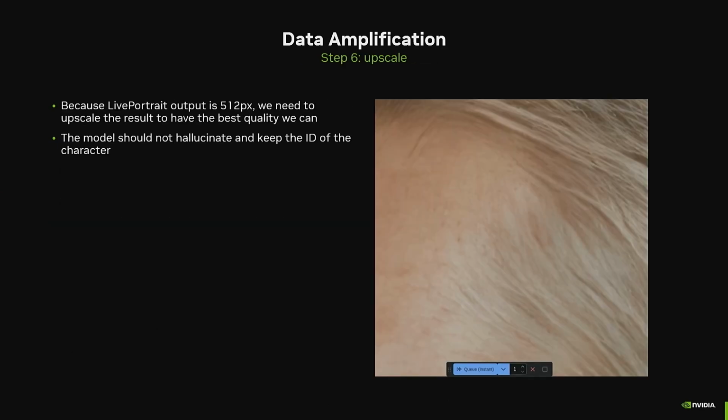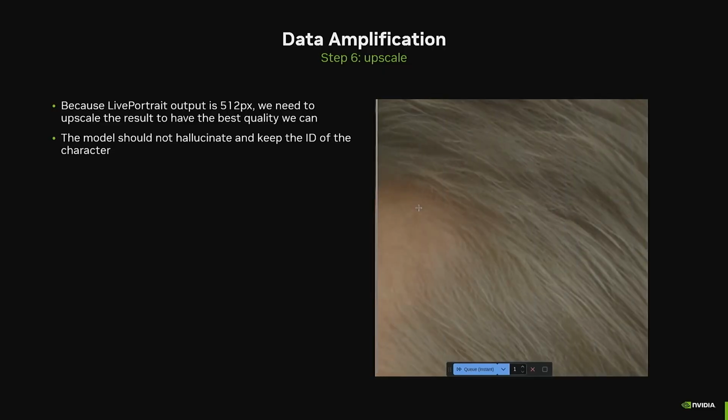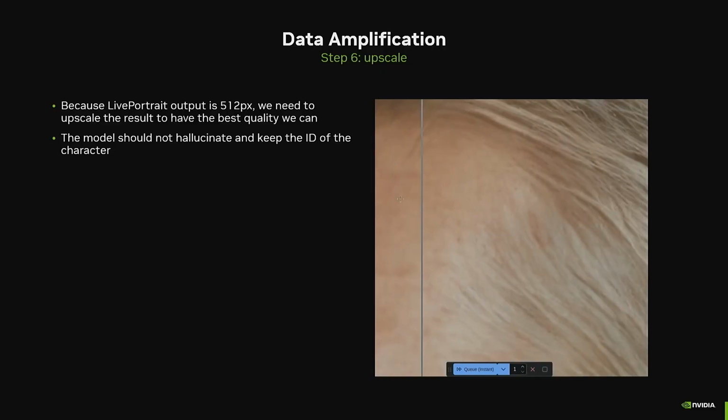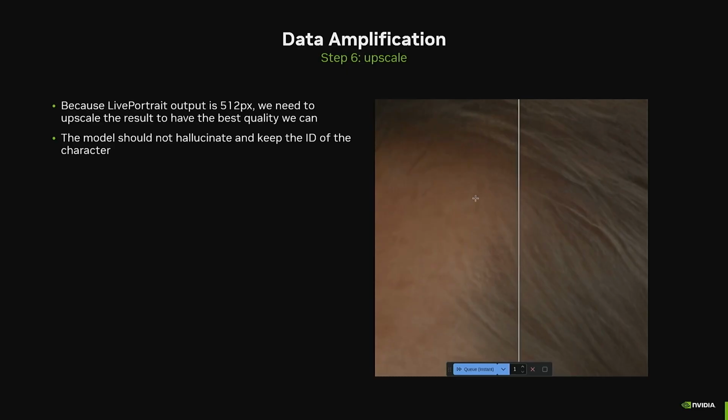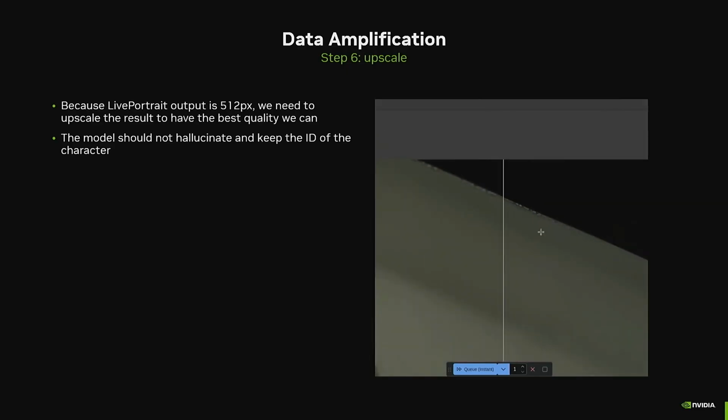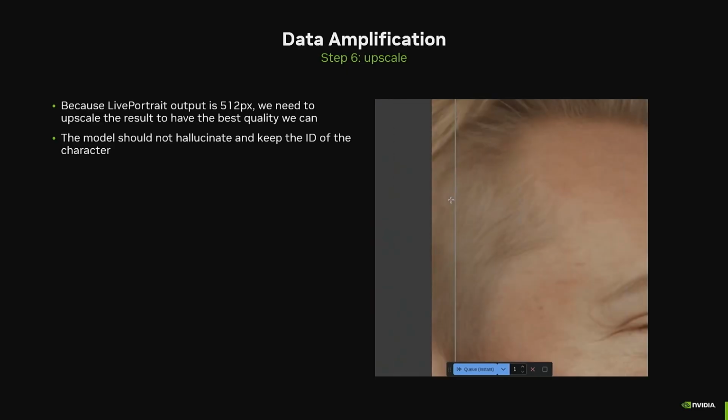And for the last step here, I forgot to mention that the problem with LivePortrait, which we use to generate the facial animation, is that the output is 512 pixels. So as a last thing, we upscale the whole dataset to have 2K images, and after that we are good to go.